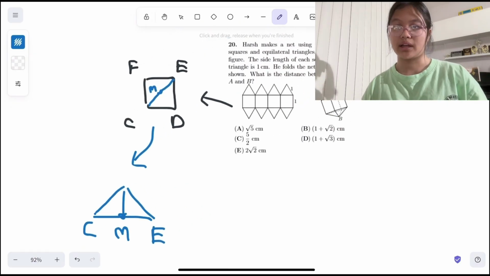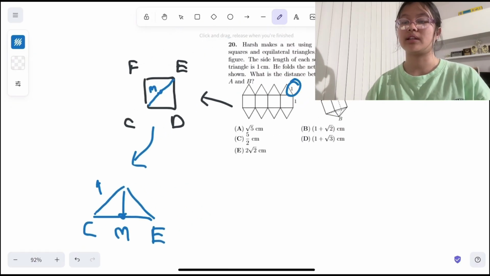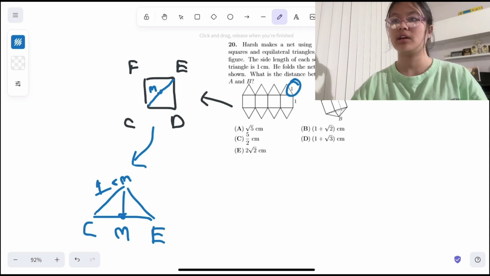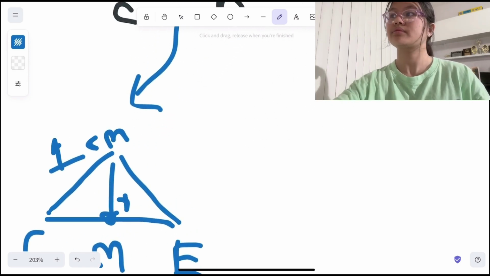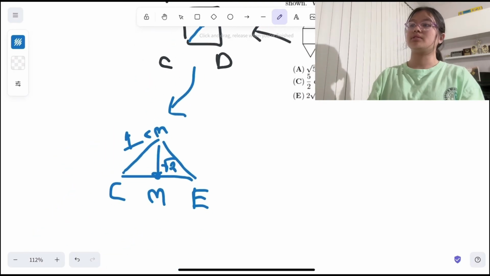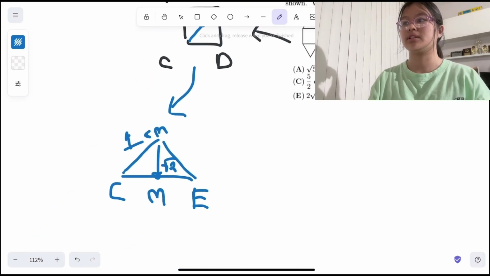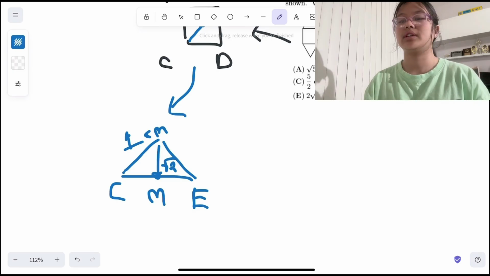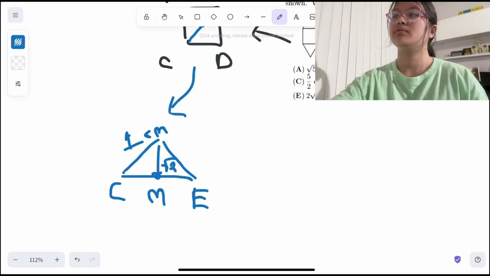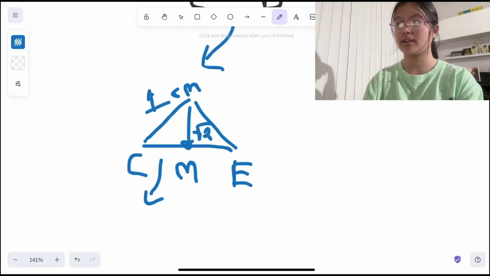And due to that Pythagorean theorem, we can make that the midpoint is square root 2 of the side length. So now, AMC is a right triangle with hypotenuse AC of length 1 centimeter and leg CM of length square root 2 over 2 centimeter. So now we can use the Pythagorean theorem.